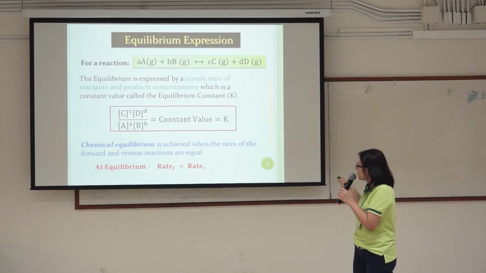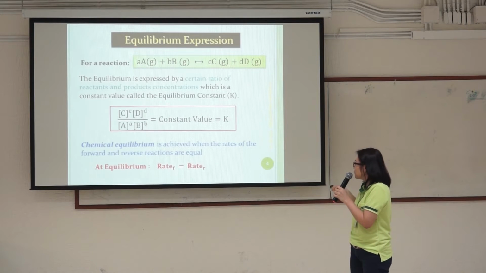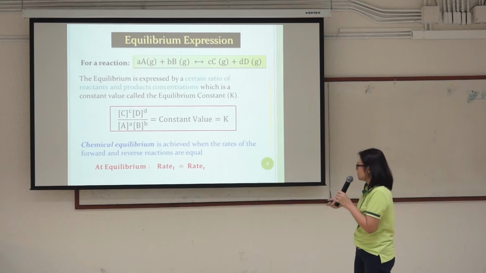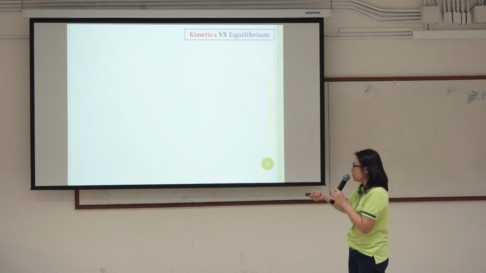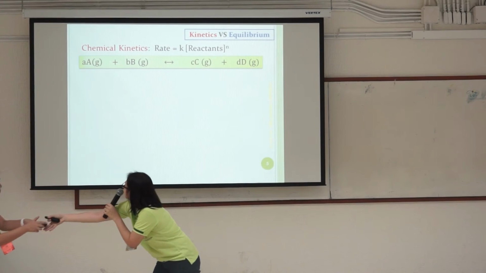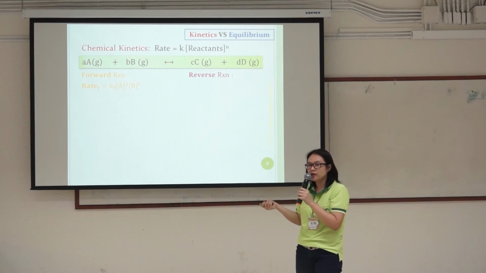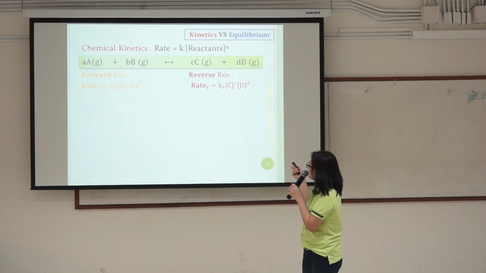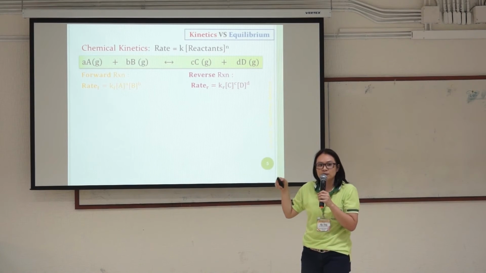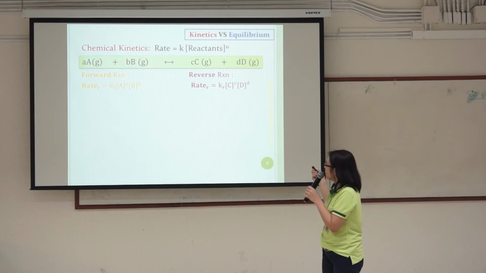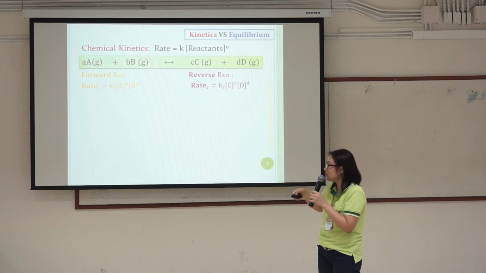By the way, we can express K by using the principles of kinetics that Dr. Tanissara gave you a lecture on before. From the point of view of kinetics, you can explain the rate of the reaction by using rate equal to k and the concentration of the reactants raised to the power of the stoichiometric ratio of the chemical.